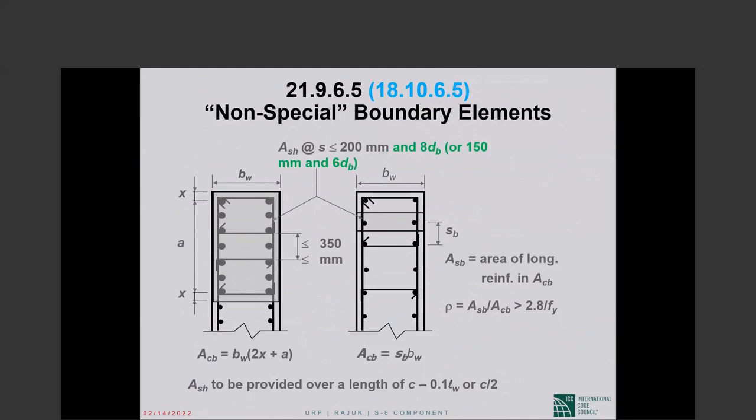What is this local reinforcement ratio that we are talking about, which exceeding 400 over f sub y will trigger non-special confinement?